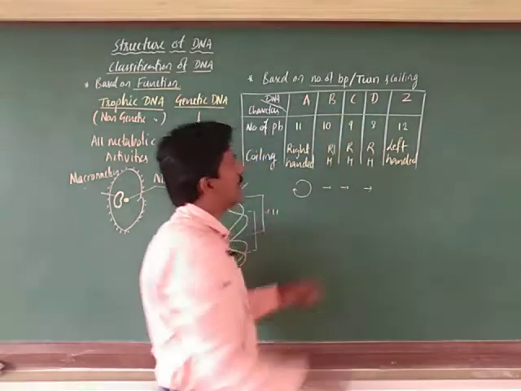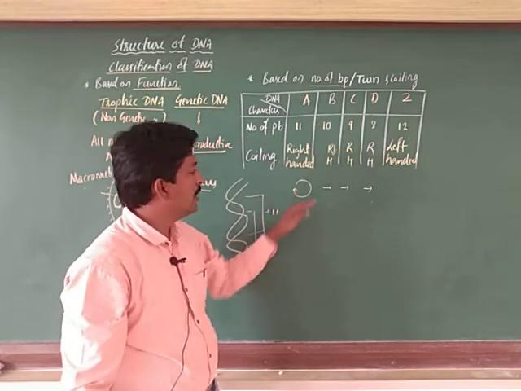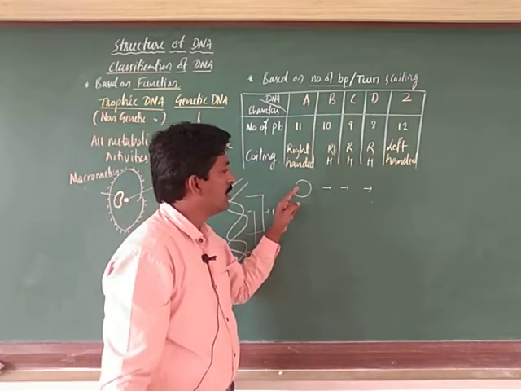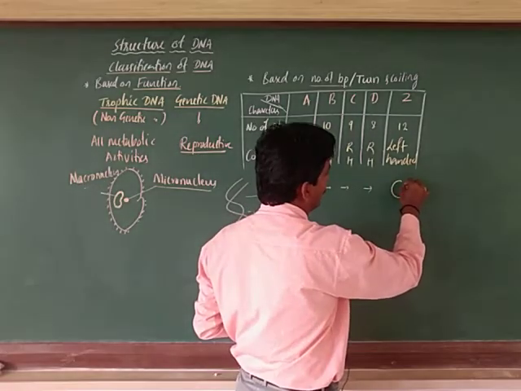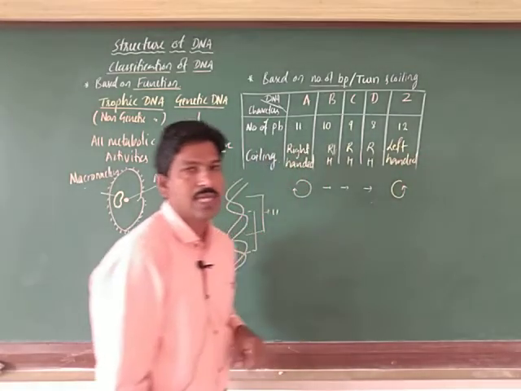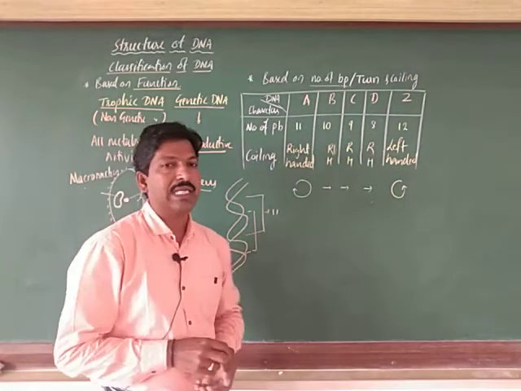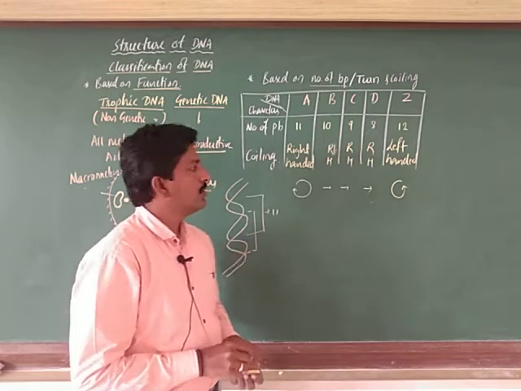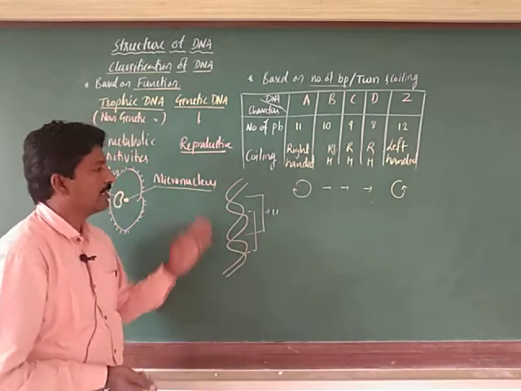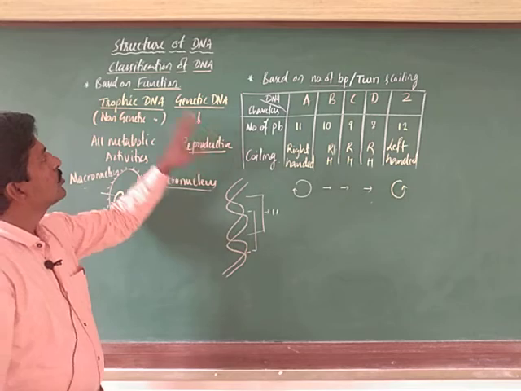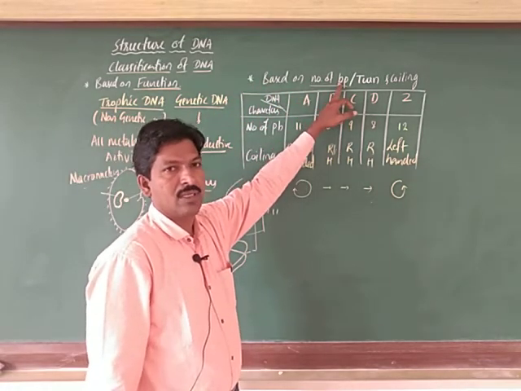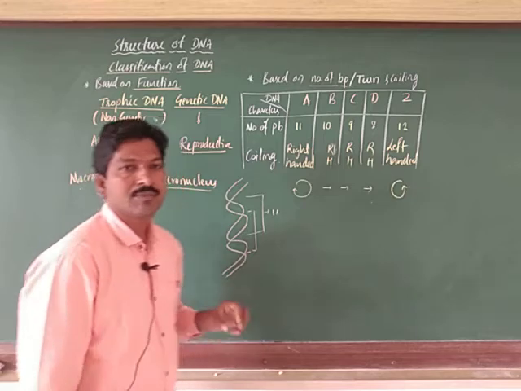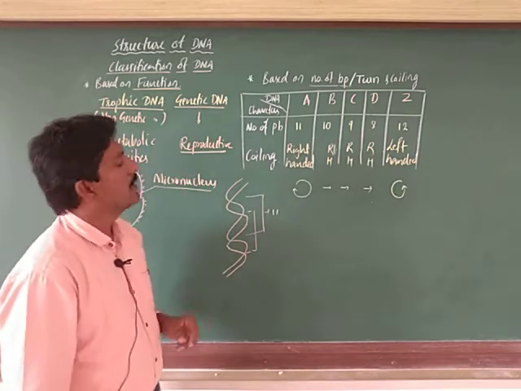Even the Watson and Crick model, the B form of DNA, shows right-handed coiling, but left-handed coiling in this form means coiling in the anti-clockwise direction. So these are the forms of DNA. Based on function, number of nitrogen bases, and other concepts related to DNA, let us see that also.